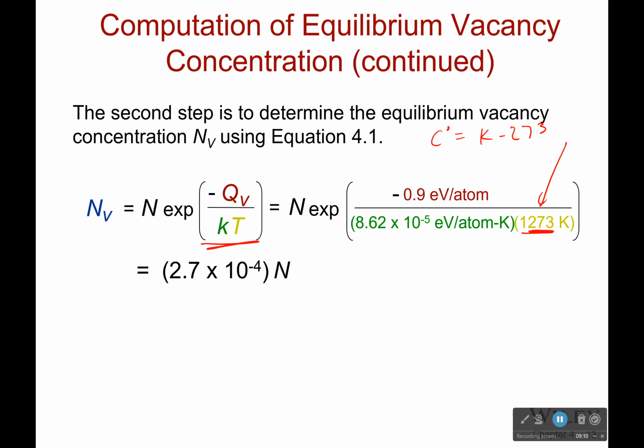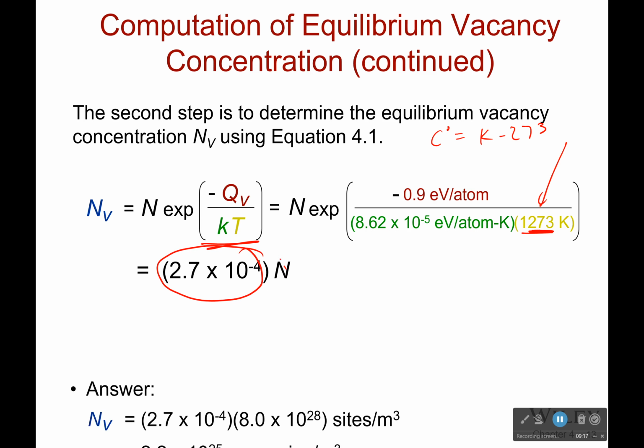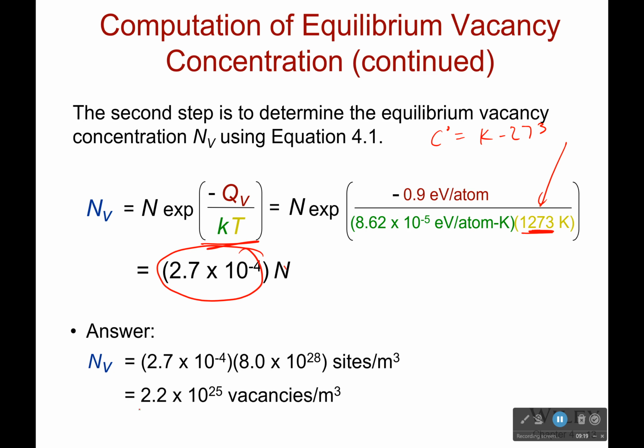And then what I get is that my number of vacancies is going to be 2.7 times 10 to the negative 4th times n. If I plug it in there, I'll have 2.2 times 10 to the 25th vacancies per meter cubed, which sounds like an awful lot. And it is an awful lot. It's a humongous number of vacancies. But it's still a very small fraction of the total number of sites.